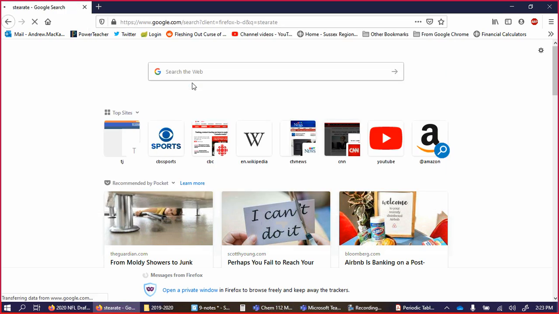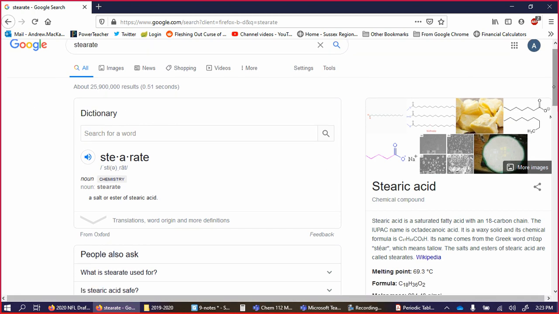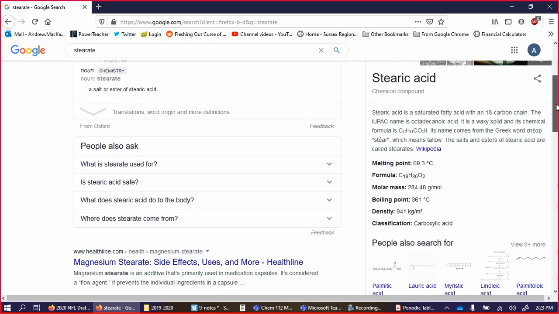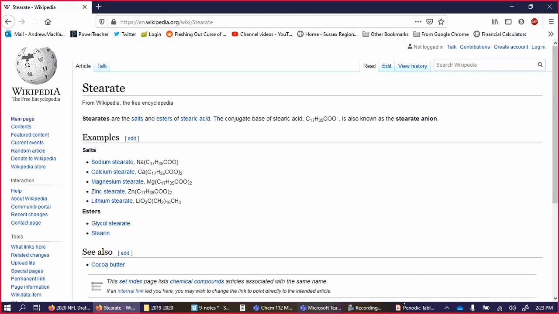Stearate is a polyatomic ion. It's a salt or acid of stearic acid. Okay, good. That doesn't really help me. Here we go. There it is. C17H35COO, minus 1.